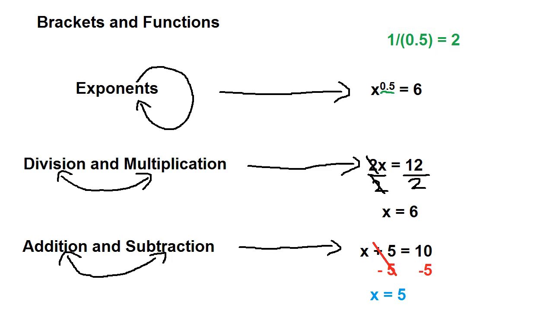So what this is telling you is in order to eliminate this exponent of 0.5, you're going to want to isolate the entire side and apply the inverse exponent of 2 to both sides. Now the nice thing about this is the 0.5 exponent and this 2 exponent are going to cancel each other out, and on the other side we'll just have 6 to the power of 2.